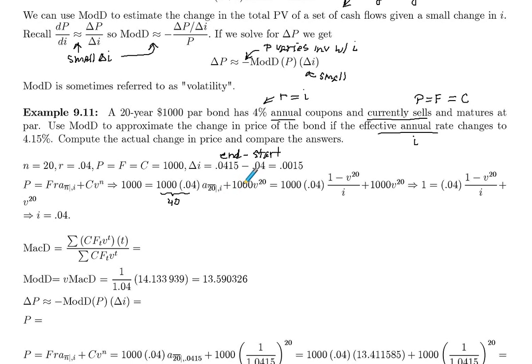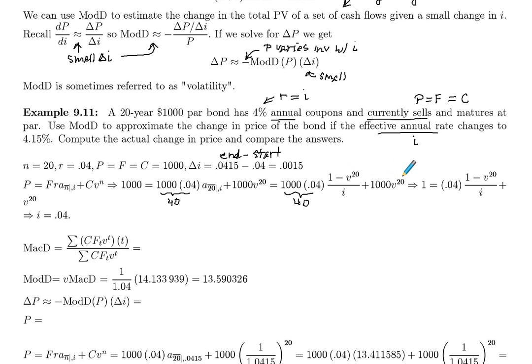And then we're going to discount the maturity value, 20 periods here. So notice that a angle 20 at I is 1 minus v to the 20 over I. So here we've got a 40, and then it's multiplied by 1 minus v to the 20 over I, and then the redemption value 1,000 v to the 20.